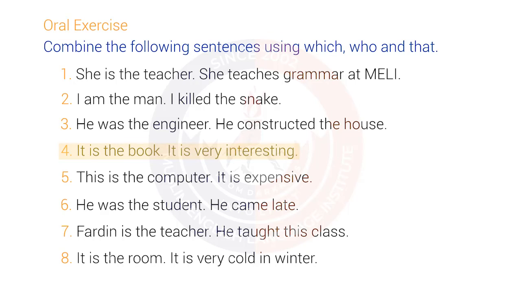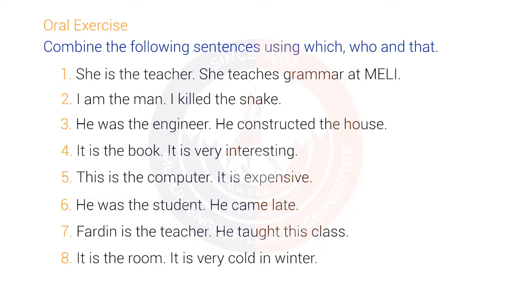Number 4. It is the book, it is very interesting. It is the book which is very interesting, or you can also say that is very interesting. Number 5. This is a computer, it is expensive. This is a computer which or that is expensive. He was the student, he came late.